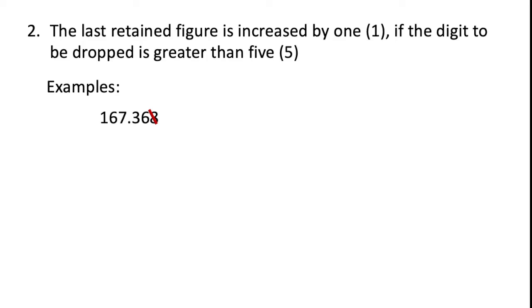So the last retained figure in 167.368, if I drop off 8, is 6. So that is 167.36. Since that 8 is greater than 5, 6 will be increased by 1. So it will become 167.37. So it increased by 1.